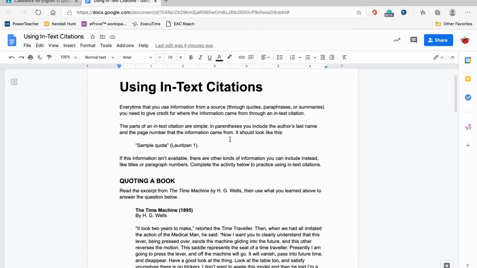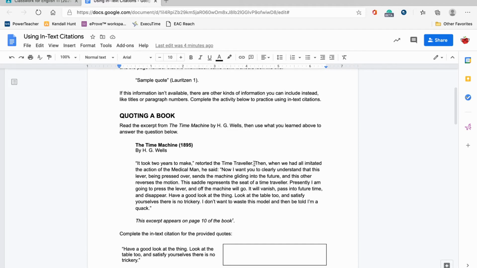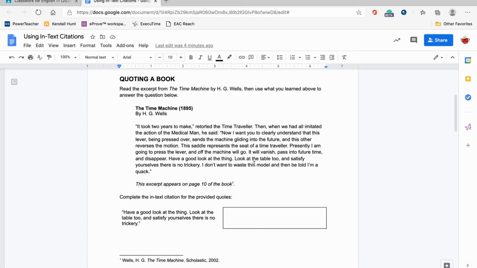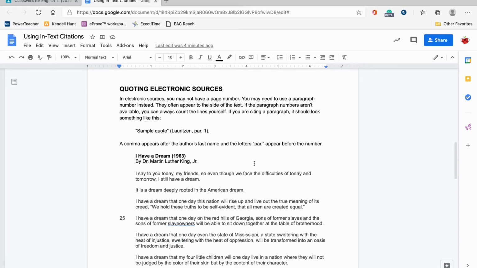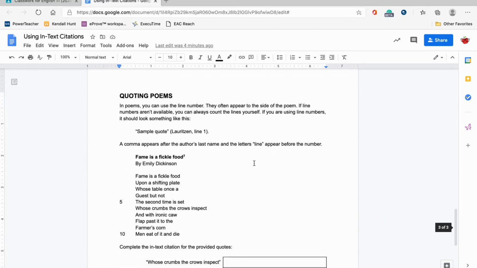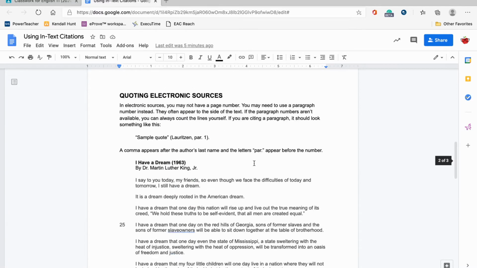All right. So in this example, we're going to talk about how to quote from a book, how to use an electronic source from a website, and how to quote a poem, for example, because they're all going to show up just a little bit differently.